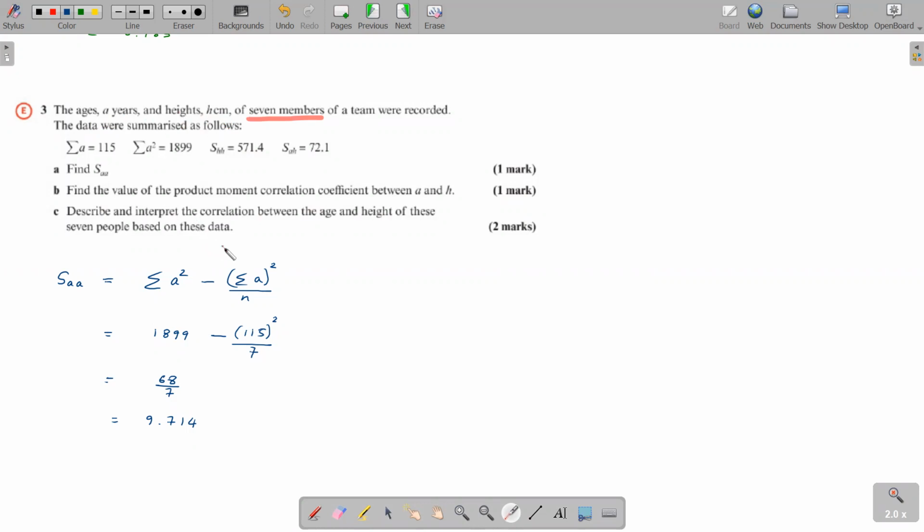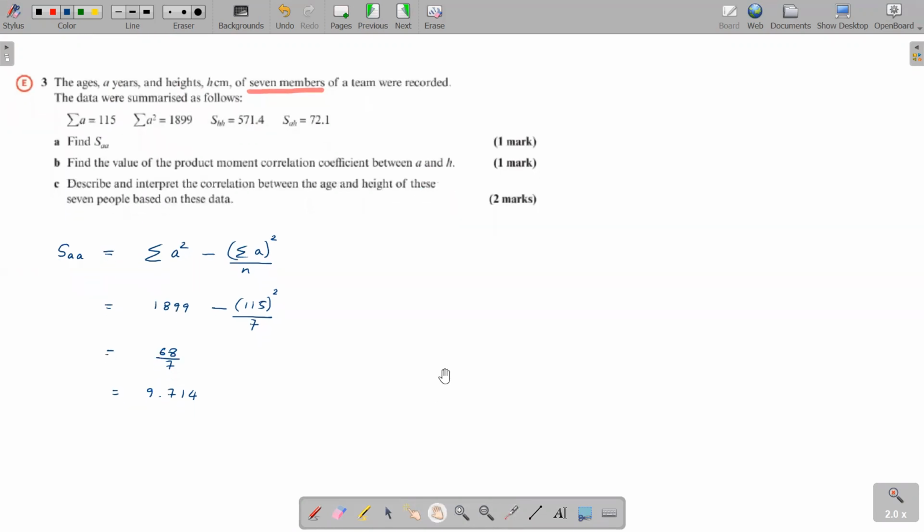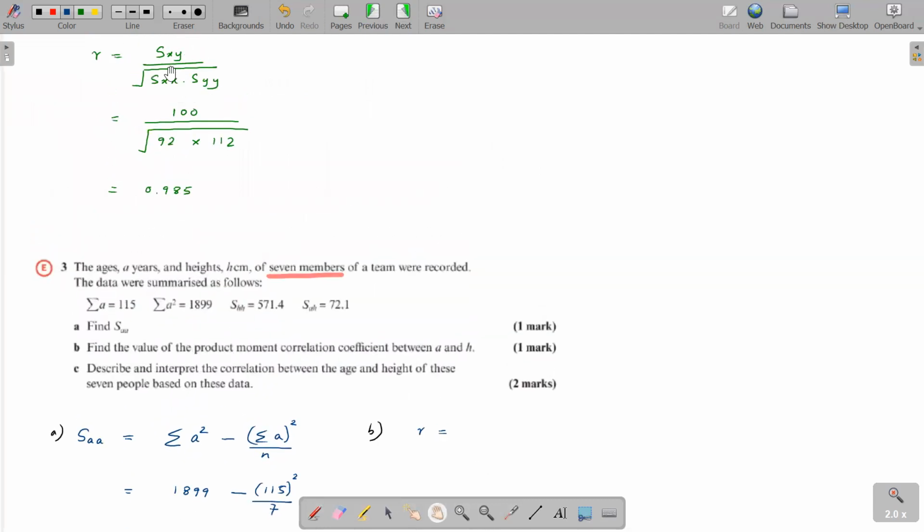So find the value of the product moment correlation coefficient between A and H. So you know what you should do here, right guys? All you have to do is apply the equation. Instead of x, y, your variables are now A and H. So do the same thing. r equals, the normal equation was Sxy over root Sxx into Syy. So instead of x, we are using the variable A, and instead of y, we are using the variable H. It is substitute.